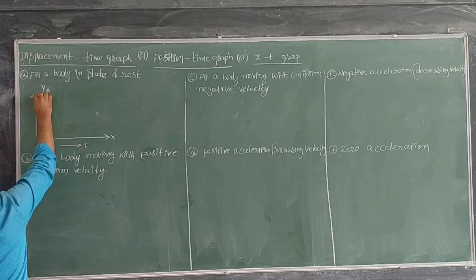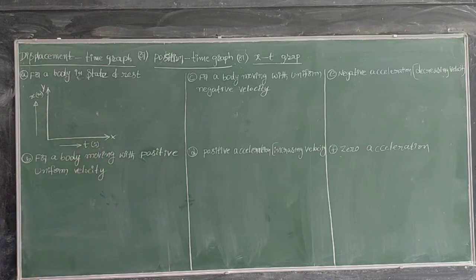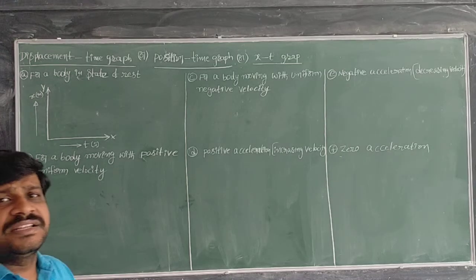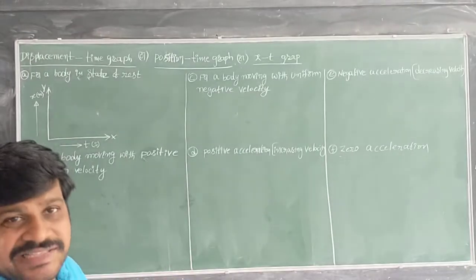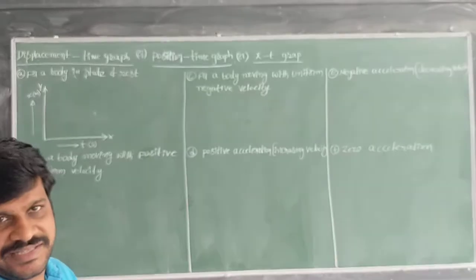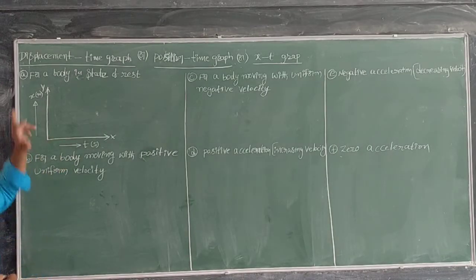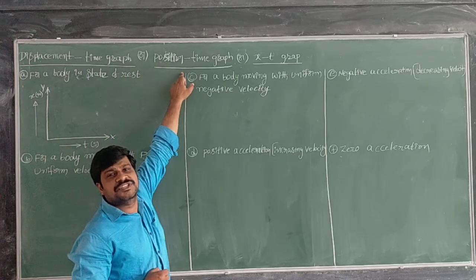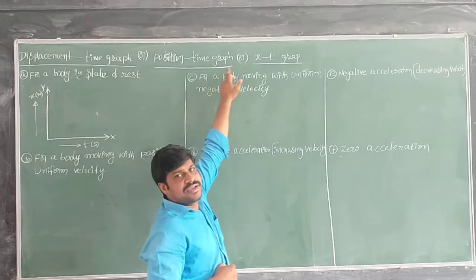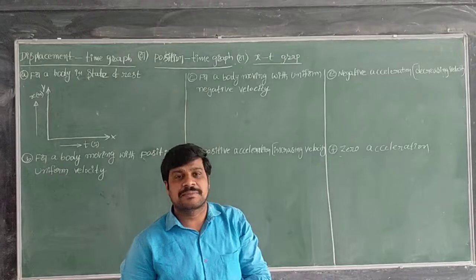Displacement you measure in meters, and time you measure in seconds. If you draw the graph by taking time on the x-axis and displacement on the y-axis, the graph becomes the displacement time graph, or position time graph, or XT graph. X is displacement, T is time.